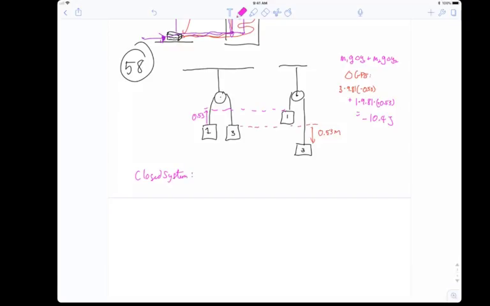I mean, rather, if the system is the first block, block 3, and the Earth together. Okay, so that means that if the kinetic energy's gone up by that much, the gravitational potential energy has decreased by that much.